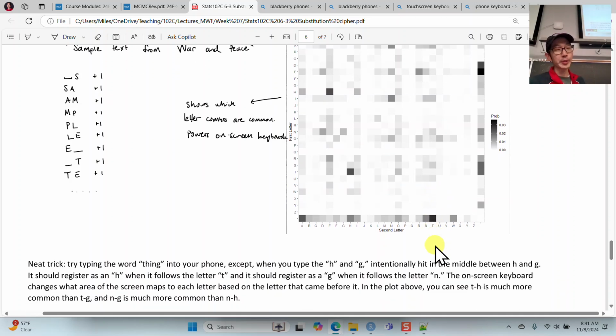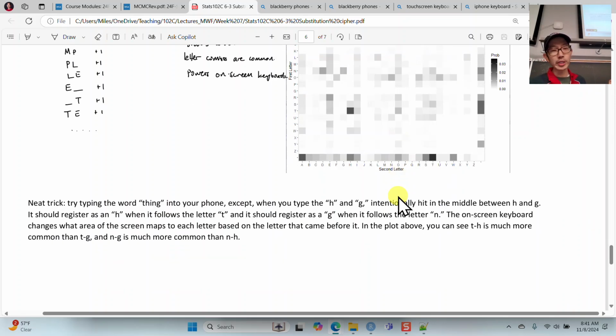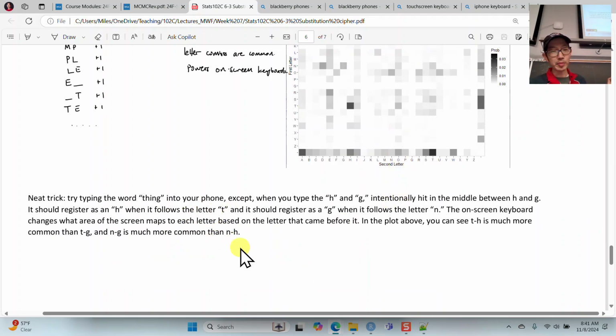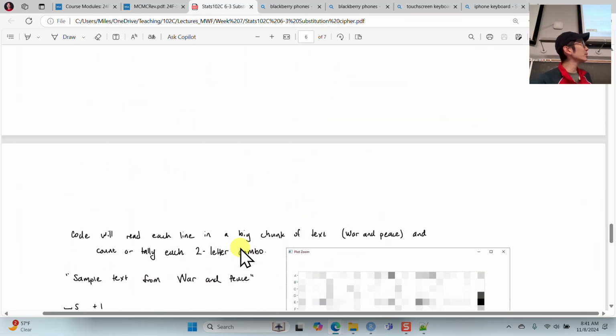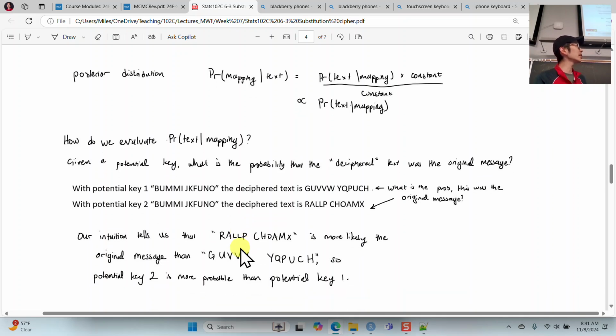So anyway, now we can use this to evaluate our text. We look at this and ask, what's more likely, C followed by H or Y followed by Q?